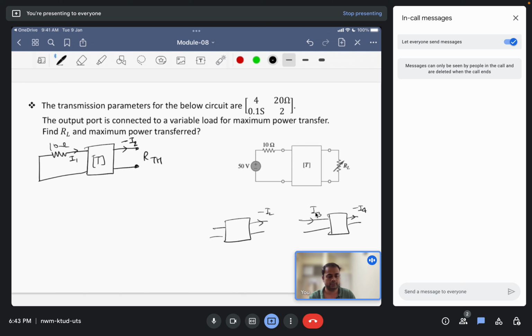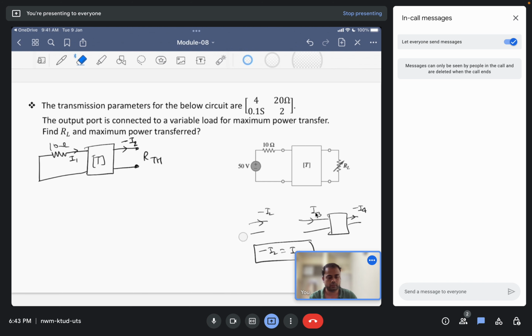Now we can easily say that minus I2 is equal to I3. That is why the sign here is taken negative, which is a distinct feature from all other parameters. This is the main reason for taking the negative sign, minus I2.